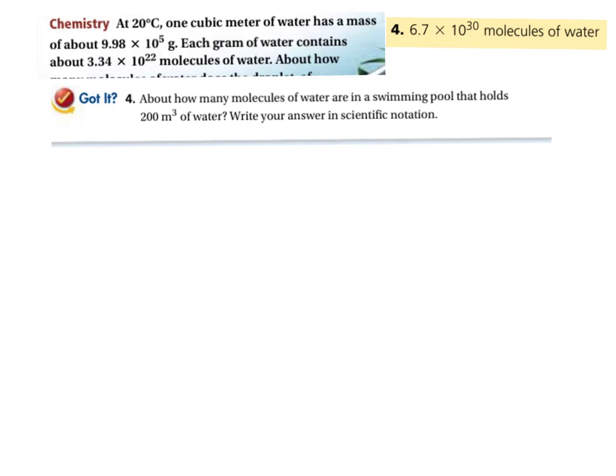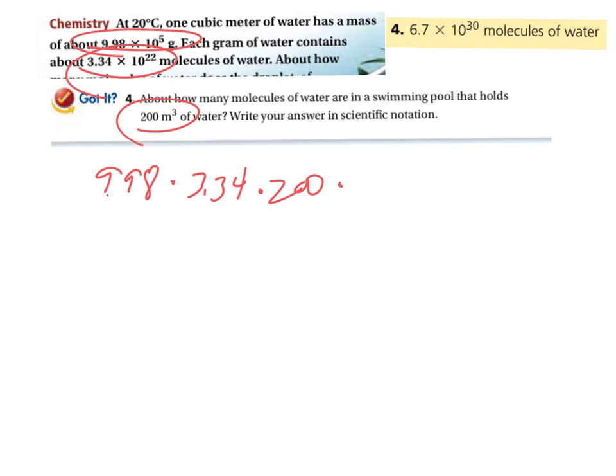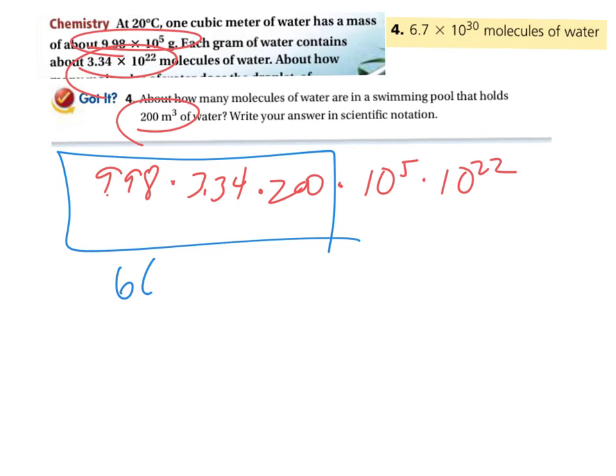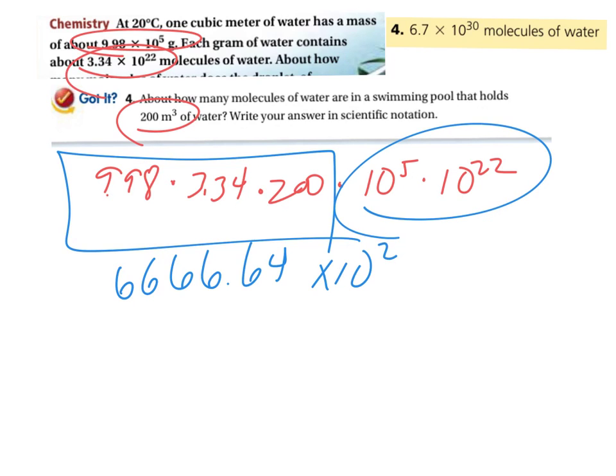Okay, so here I'm going to circle the numbers we're going to multiply. So we're going to multiply 200, the 9.98 and 3.34. So we've got 9.98 times 3.34 times 200 times 10 to the 5th times 10 to the 22nd. Now, I multiply these out and I end up getting 666.64 times 10 to the 27th.